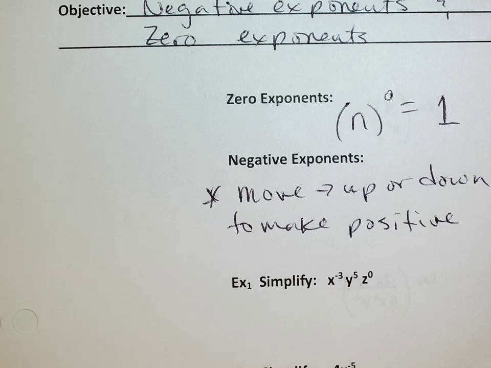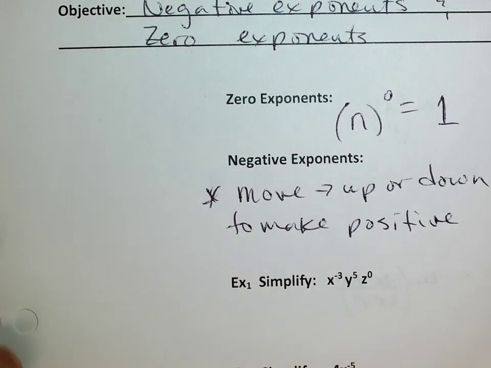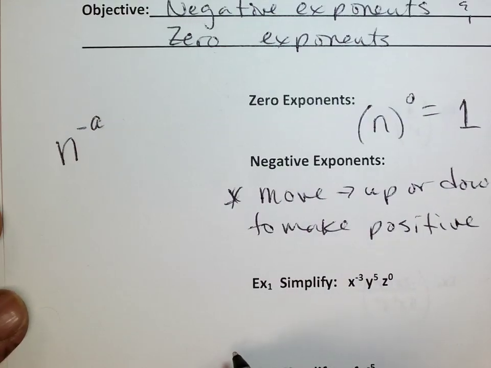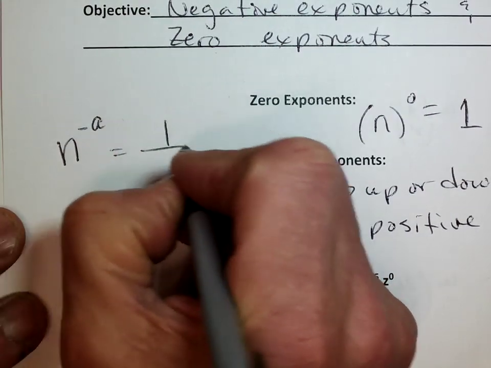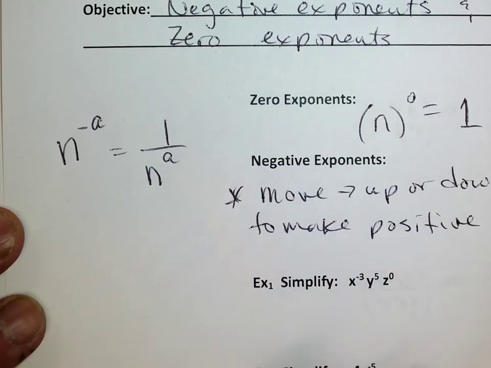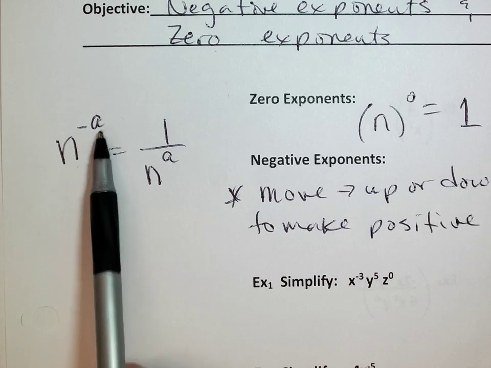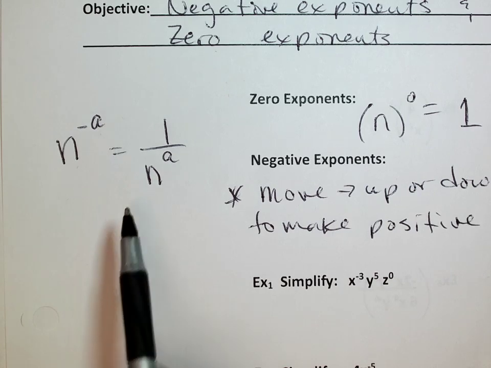So let me keep going. I'm going to give you a few rules. If I have n to the negative a, that's the same thing as 1 over n to the a, okay? So these are numbers, right? N to the negative a, it's a negative exponent, it's 1 over, okay?